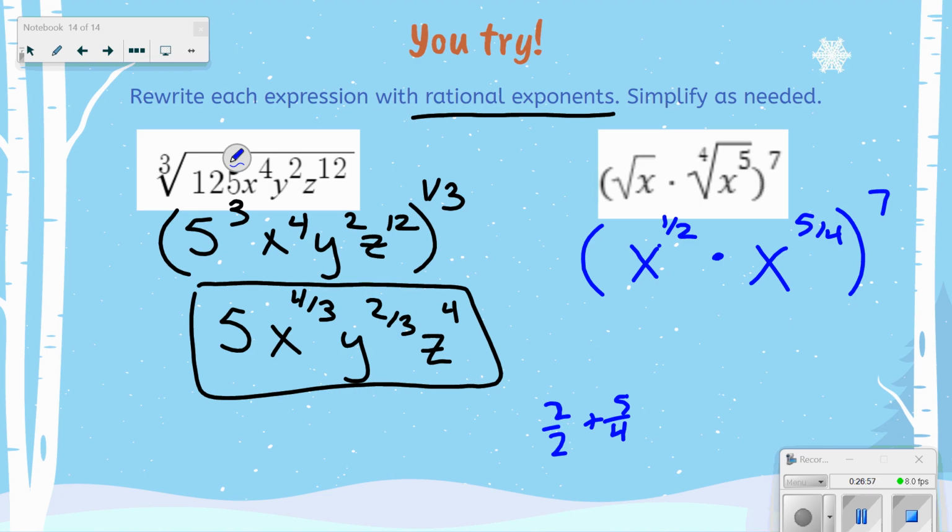Yes, so this will become 2/4, which means this is now x to the 7/4. And now that's all to the 7th power. And same thing, exponent raised to another exponent means we're going to multiply. So this will be x to the 49/4th power.